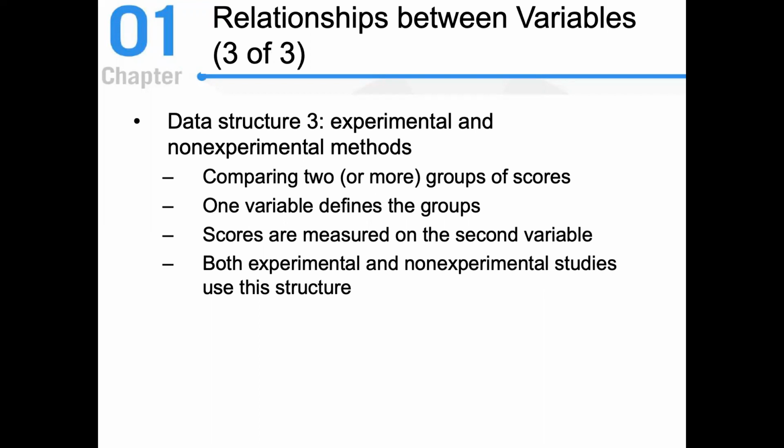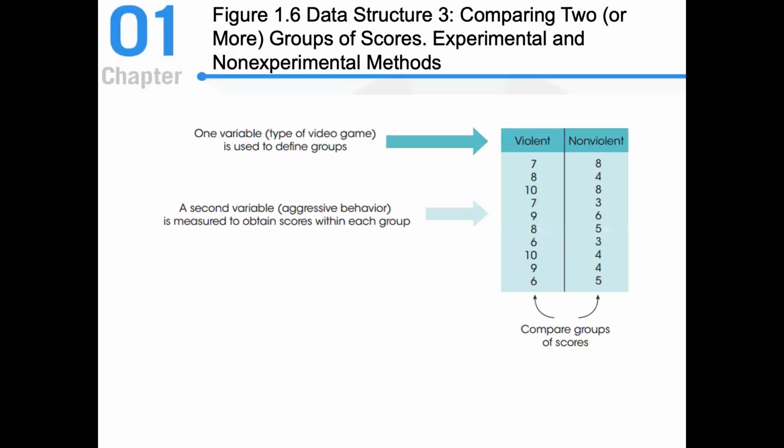When culture, political affiliation, gender, something that's either not manipulated or very difficult to be manipulated, that is going to be a quasi-experimental variable. So one variable we might look at is a type of video game used to define groups, violent or non-violent. A second variable, aggressive behavior, is measured to obtain scores within each group.